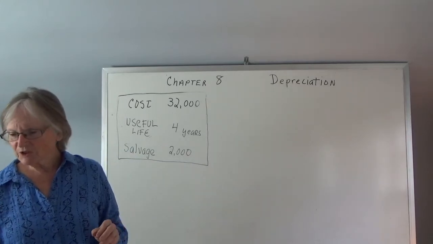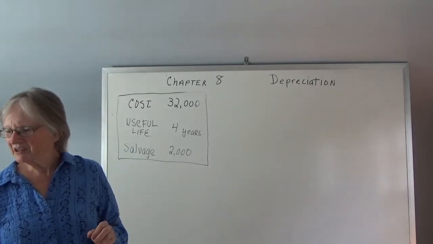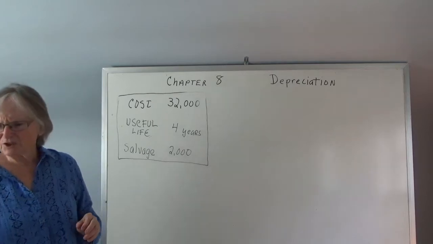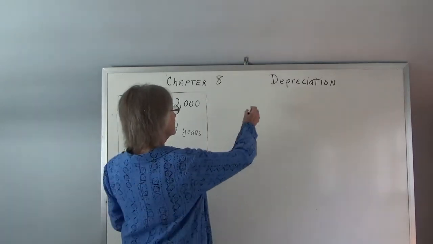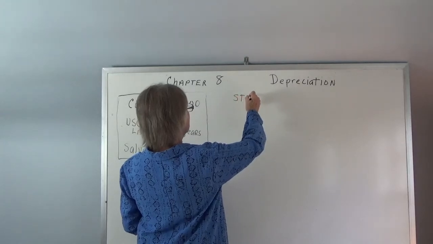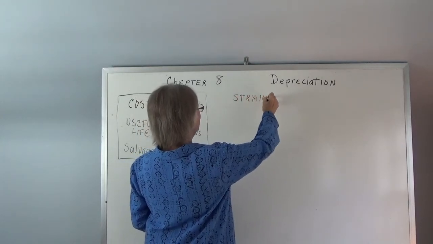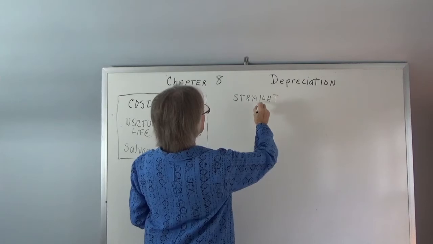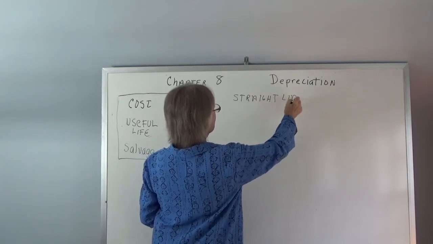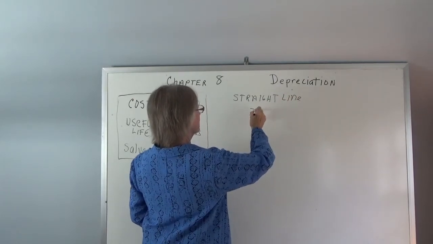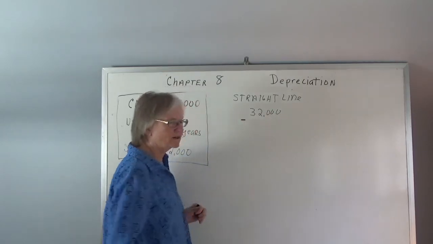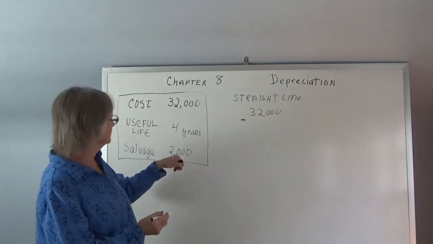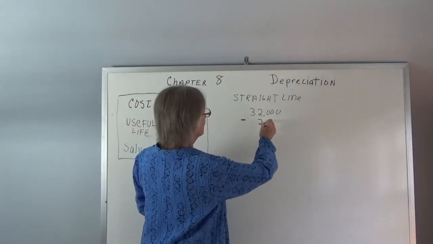Okay, so let's look at some of these methods. We'll start with straight line, and straight line is fairly straightforward. This is our first method. We start with the cost of $32,000, and for straight line, we're going to deduct the estimated salvage value of $2,000, okay?